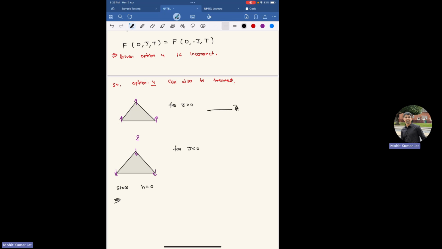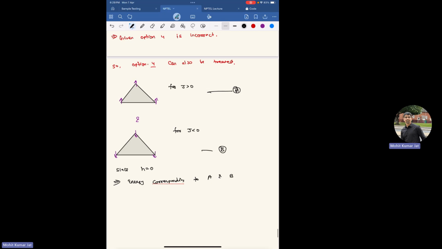If you consider the system A and the system B, the energy corresponding to A and B will be the same because nothing differs them. Just the orientation of the spin. Either all are up, or all are down. So the energy will not differ if the applied magnetic field is 0. So the energy corresponding to A and B will be the same.